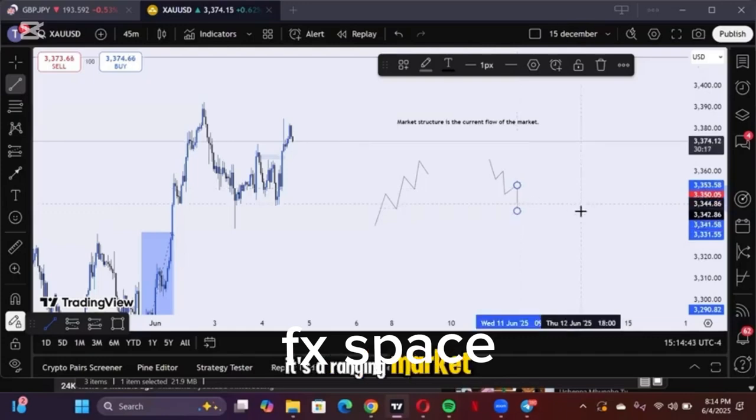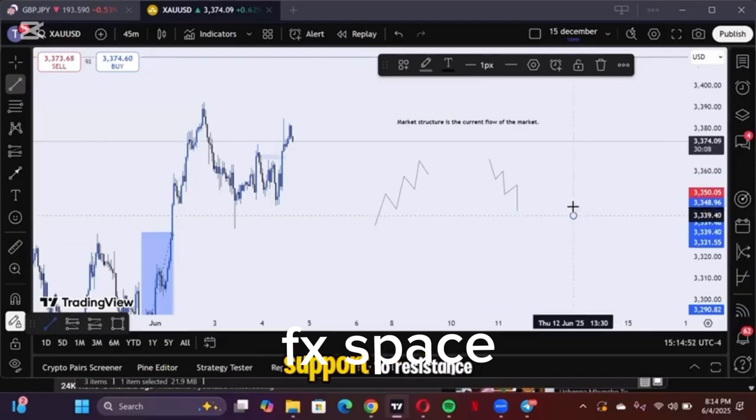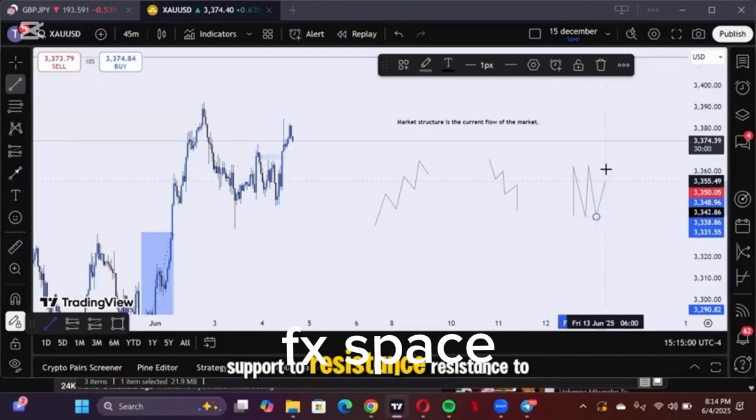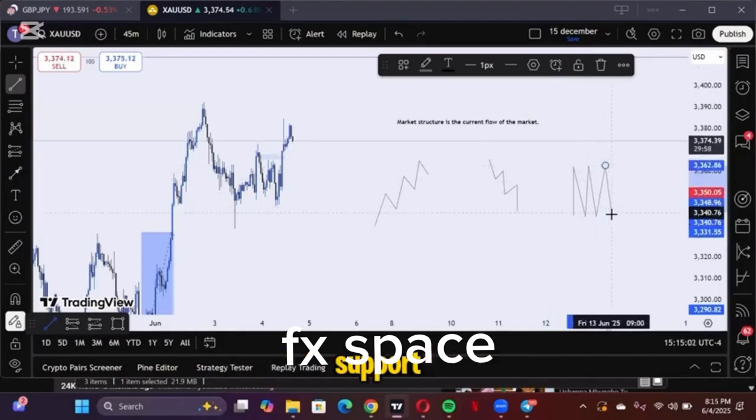Then if it's a ranging market, you see markets moving from point A to point B, from point B down to point A, from point A to point B. So it's basically from support to resistance, resistance to support, repeatedly. So these are the three ways that market makes its movement.